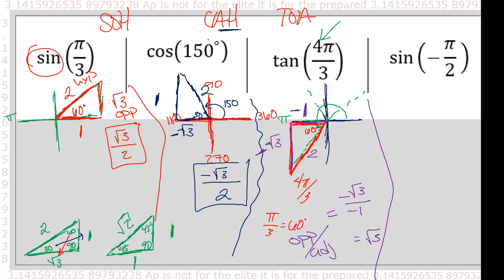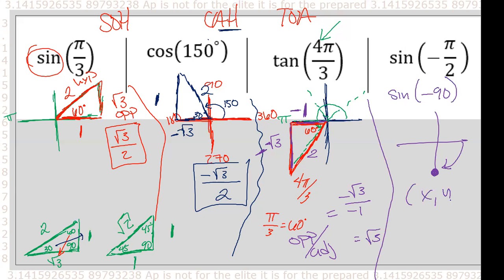Okay. Last but not least, we have sine of negative pi over 2. That's the same thing as asking what negative pi over 2 is in degrees. Hopefully you said negative 90. So if I find out where negative 90 is, I see that it is right over here, right on this coordinate.